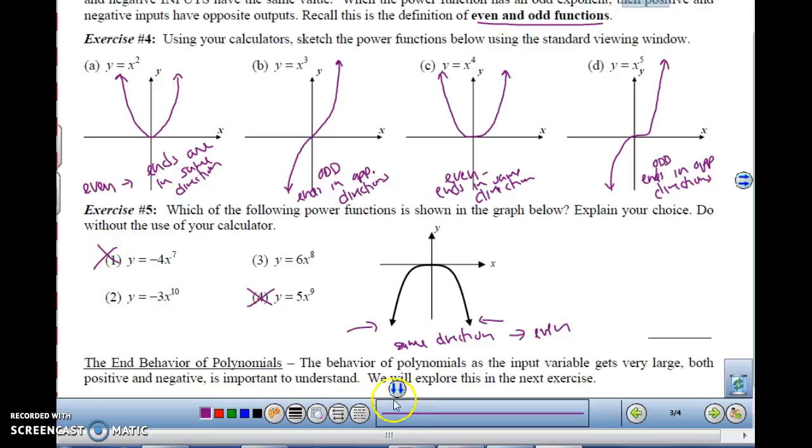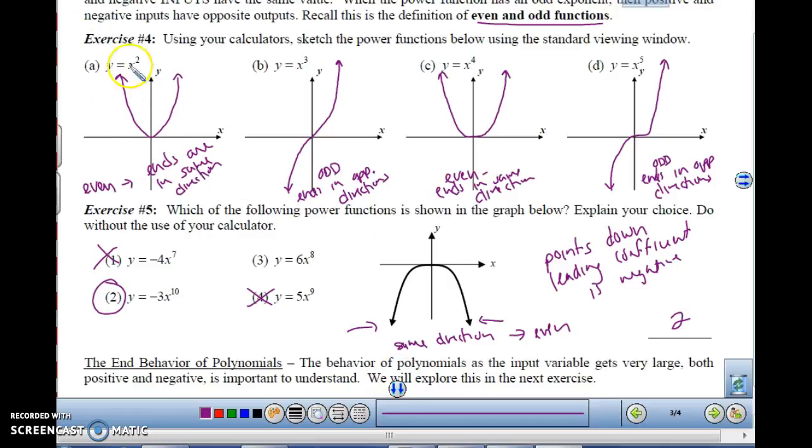So it's either 6x to the 8th or negative 3x to the 10th. The graph points down, so the leading coefficient is going to be negative. So it has to be number 2.